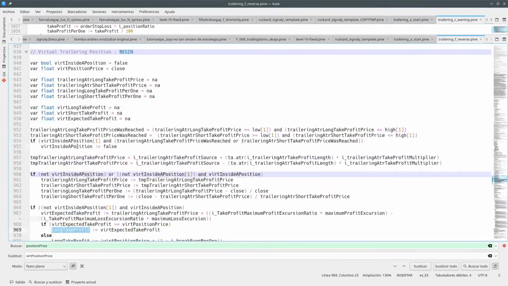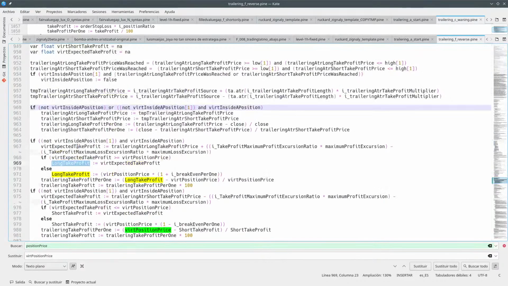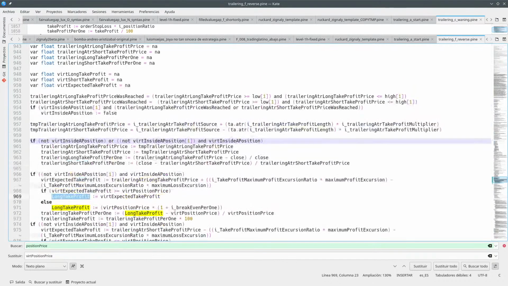And this long take profit is not long take profit, but virtual one.